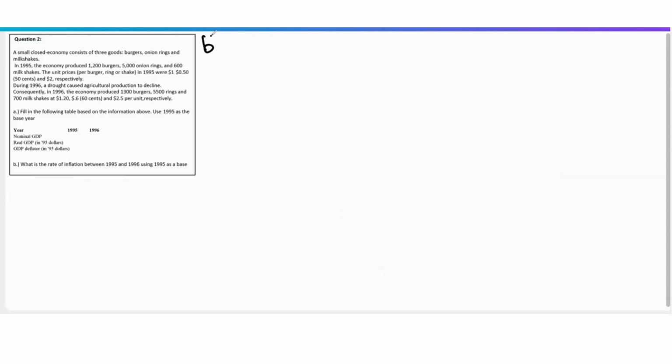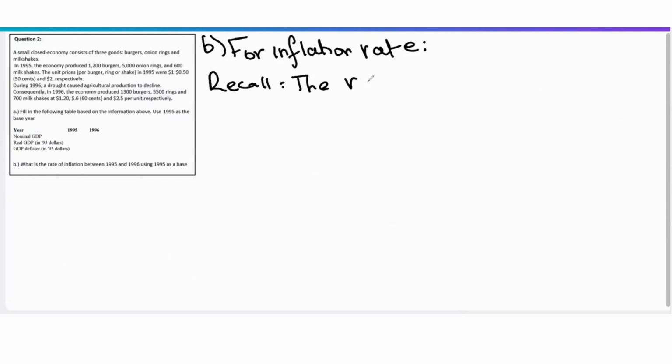Part B talks about the inflation rate. Let's recall what inflation rate is. Inflation is an increase in the general price level in an economy, but when we're calculating the rate of inflation, it equals the percentage change in a price index.